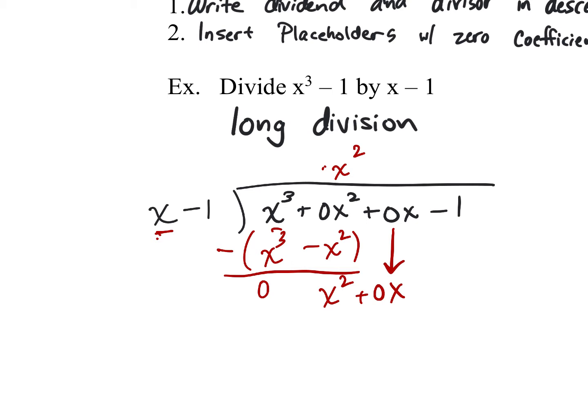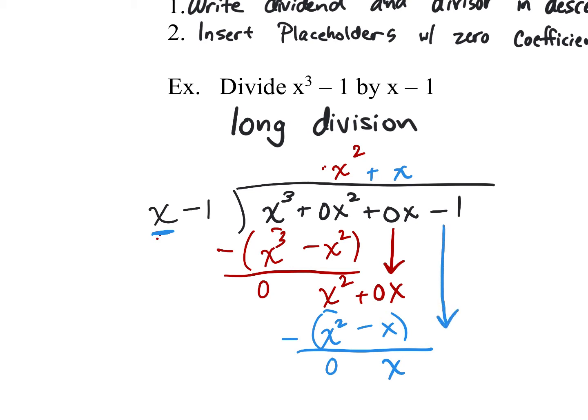Again, we're going to ask ourselves, x goes into x squared how many times? Well, that goes in x times. We then multiply the x times x and get x squared. X times negative 1 is negative x. Don't forget, we are subtracting at this step. We will get 0, and we will get 0 minus a negative. Well, that's going to be positive x.